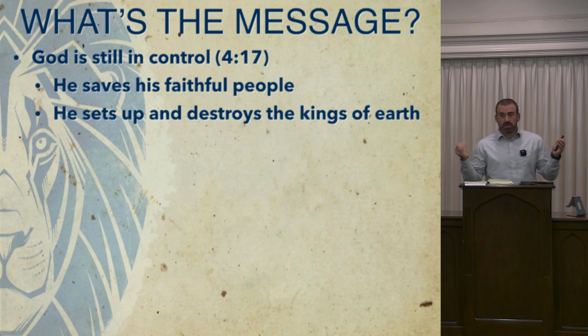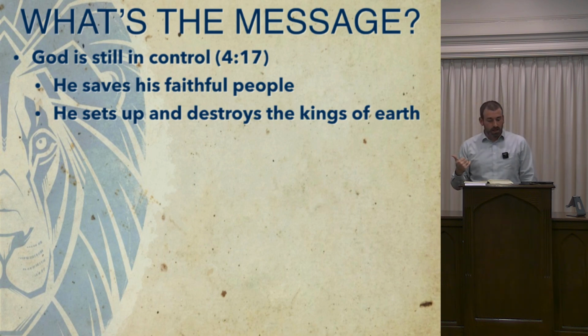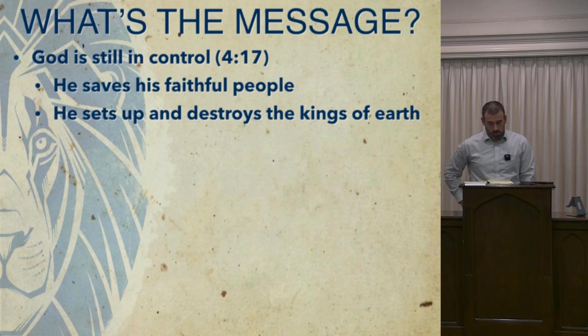How important is this message to us? He sets up kingdoms. He gives the freedoms and the limitations to freedoms and the slaveries and all those things as He sees fit. He sets up the lowliest of men, it says in chapter 4, verse 17. And He gives it to whoever He desires because He's in control.